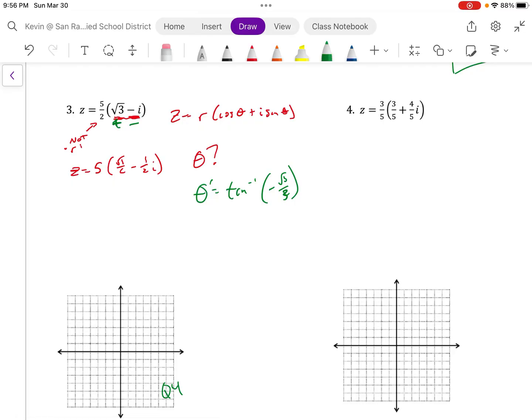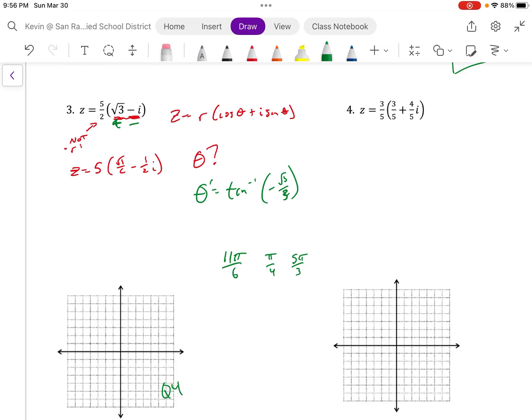Our theta prime is going to be either 11 pi over 6, or pi over 4, or 5 pi over 3.